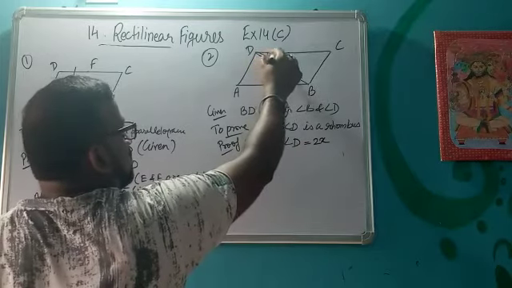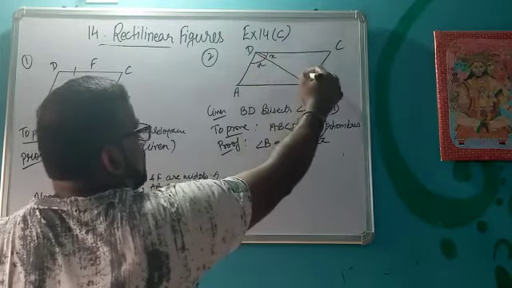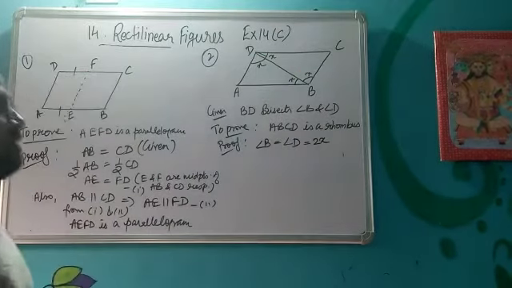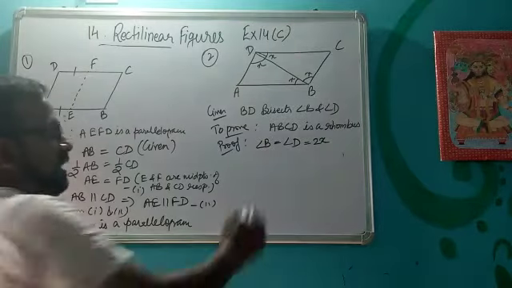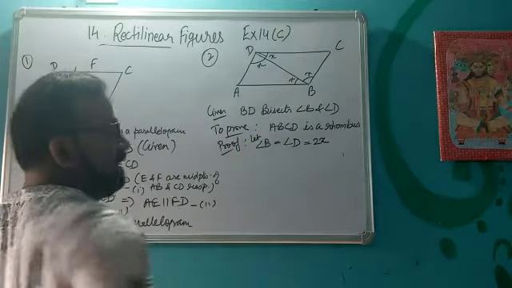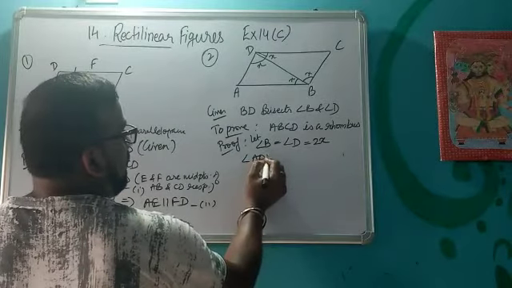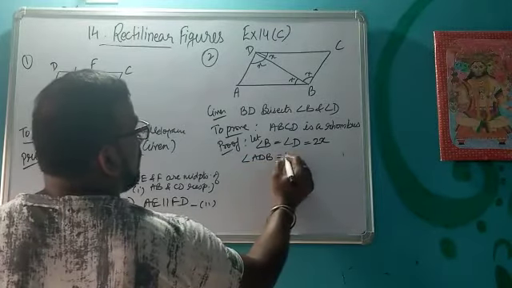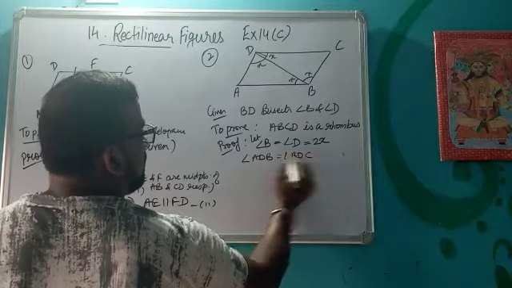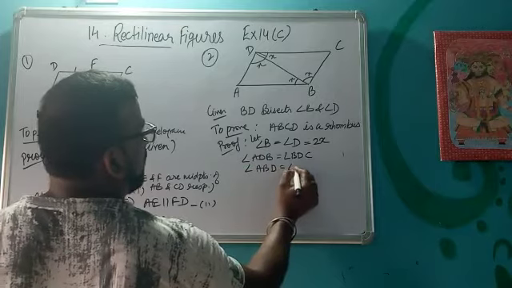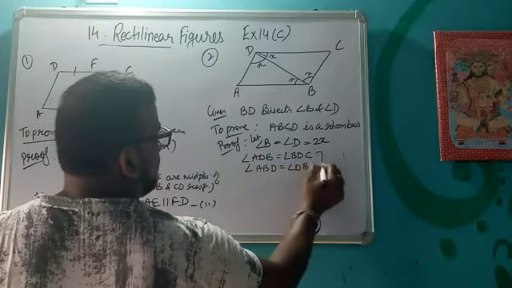So this is x and this is x, this is x and also this is x. I have taken angle B and angle D as 2x. So angle ADB is equal to angle BDC and angle ABD is equal to angle DBC, and they all are equal to x.